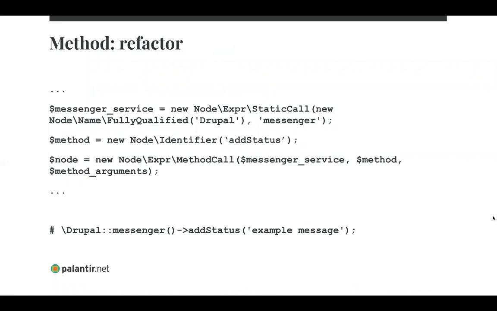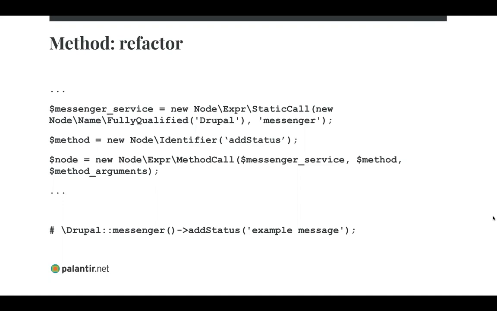The refactor method is the main thing that you're going to be doing most of your work in. You've already defined that this is a thing that you want to run. You've defined what things it applies to. And then you need to figure out, how do I actually convert it? There's a lot going on here, and I've removed a bunch. But more or less, we're creating a node that's a static call.